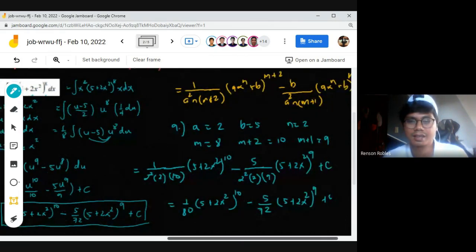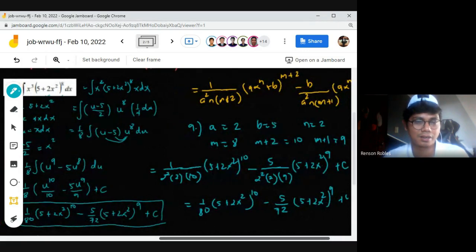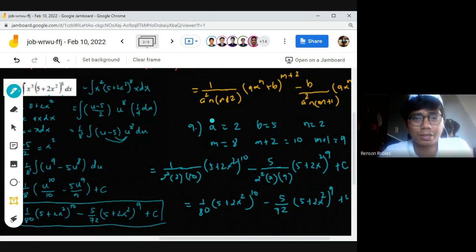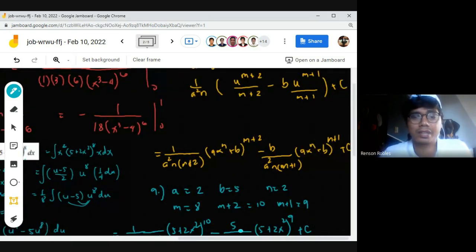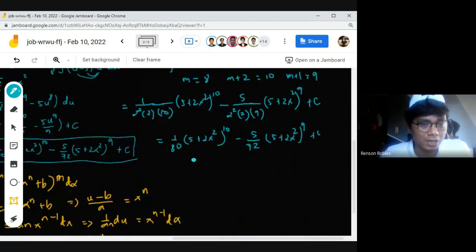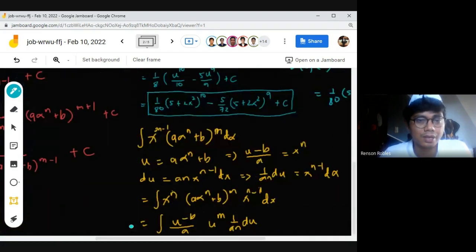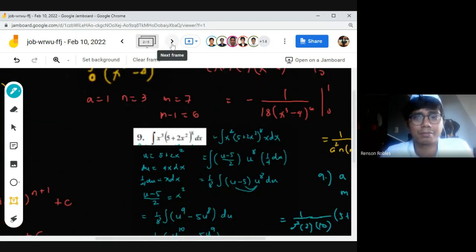Okay? Yeah, I think it's similar. So again, you will only use this formula whenever the integrand is of the form x raised to 2n minus 1 times the quantity ax raised to n plus b raised to m dx. Okay? You follow me on board number 3.